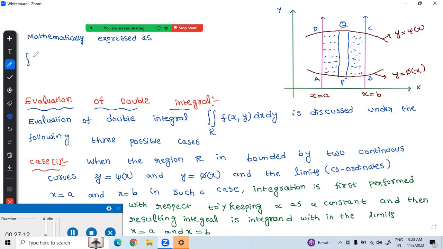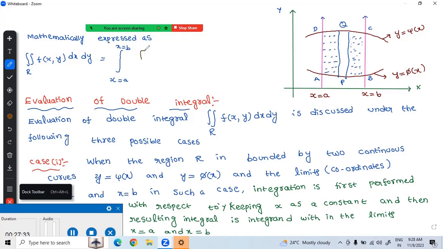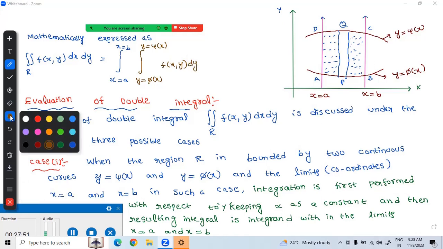double integration of f of x comma y dx dy is equal to: first integration x is equal to a, x is equal to b, and next integration y is equal to curve psi of x, pi of x. First keeping y, that means f of x comma y dy, and next to find out the integration dx.